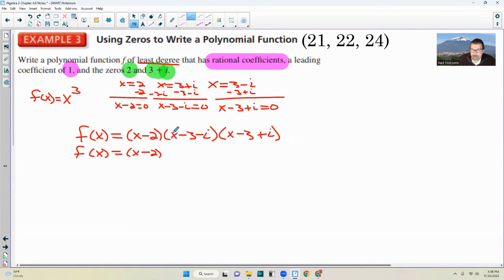And if I pull this x out and put it outside the parentheses, like let's use a bracket, x minus, this is going to be 3 plus i when I distribute. If I take a -1 out here, -1 times 3 is -3, -1 times i is -i. So I have x minus the quantity 3 plus i. And then I will also do this again and put x outside minus 3 minus i.